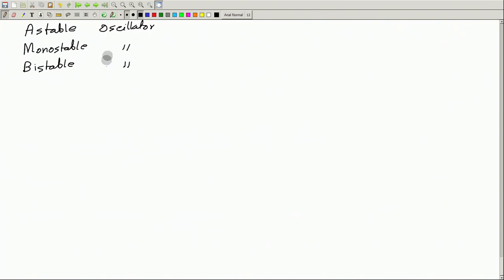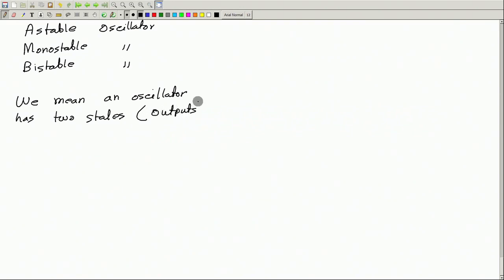So in this context, we mean that an oscillator has two states or maybe two outputs, like high and low, plus and minus, something like that.